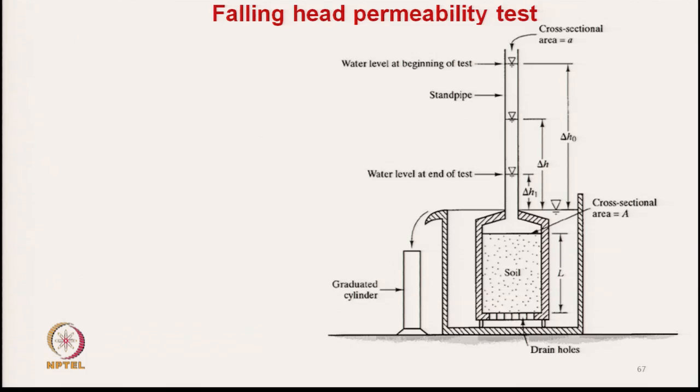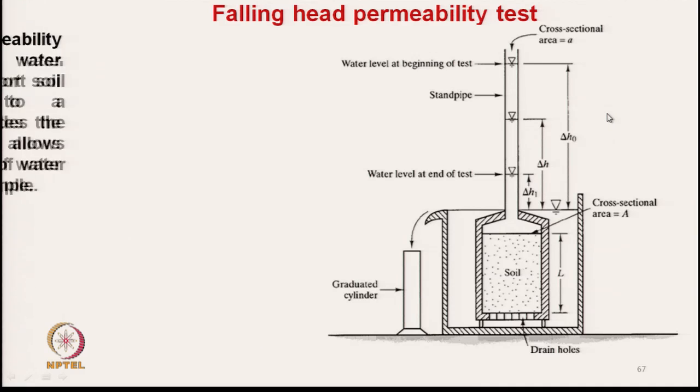So, at any height, at any time, we can also measure delta H. Here a graduated cylinder is there which stores the excess water coming out from the system. At the bottom there is a drain hole, and falling head permeability test is normally used for soil structure, but we can use this for geotextile also.